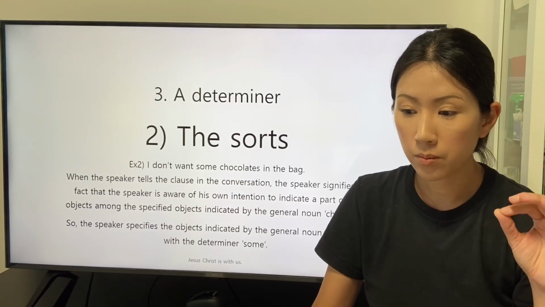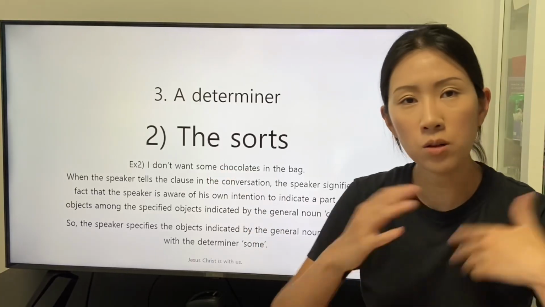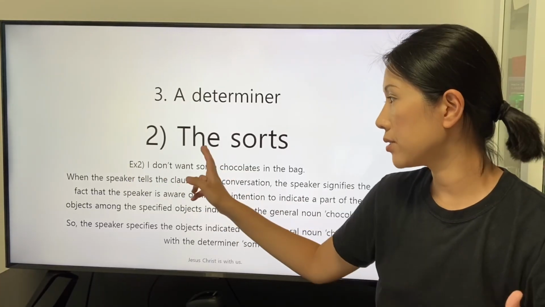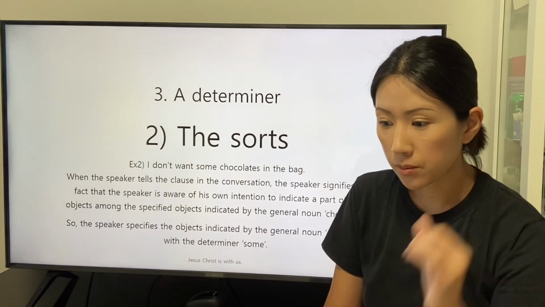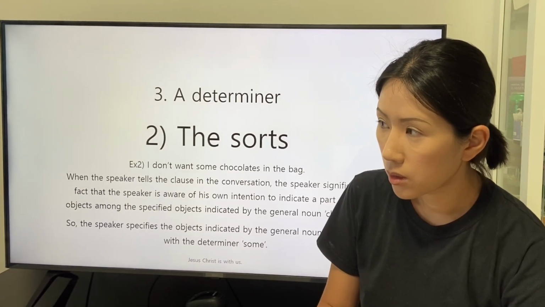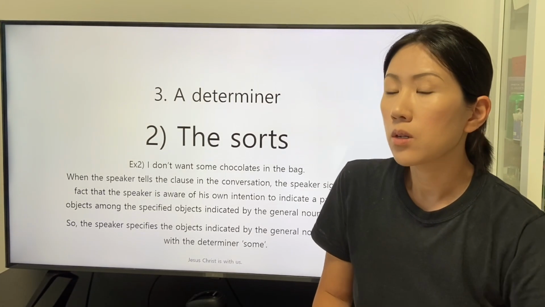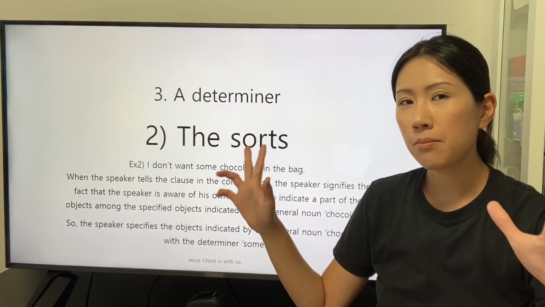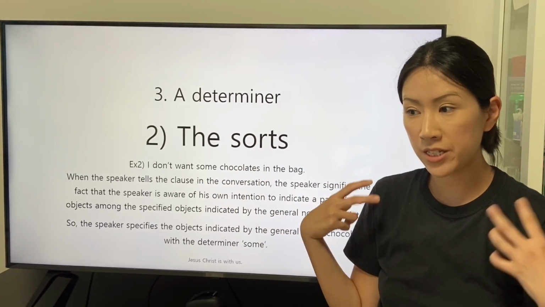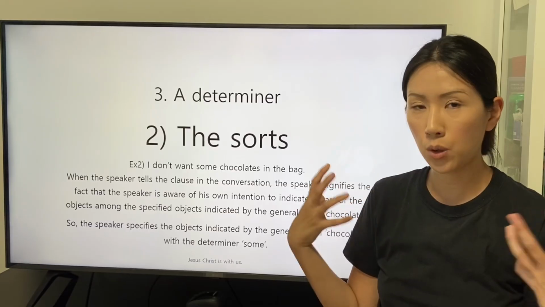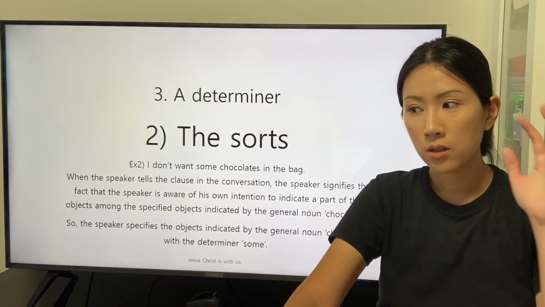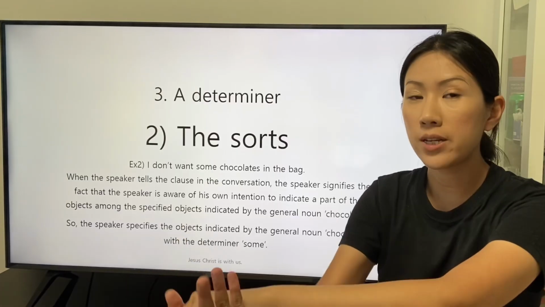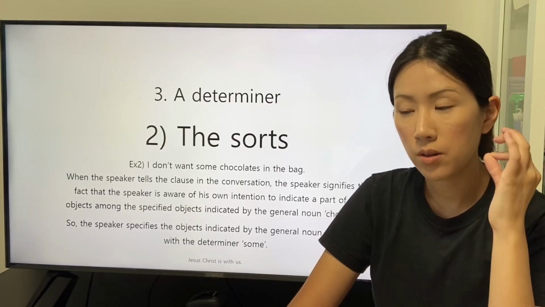In each interpretation, we can understand that the speaker knows the predetermined range of the chocolate in the bag and the specified range of the chocolate from the application of the determiner some for the general noun chocolate.